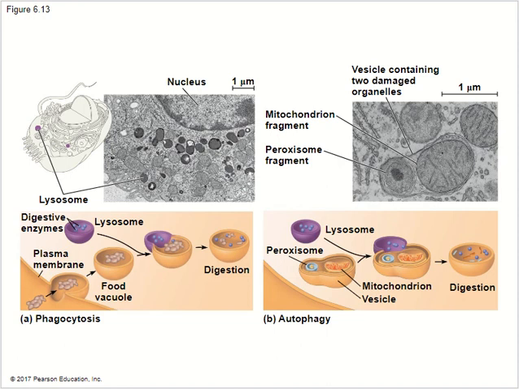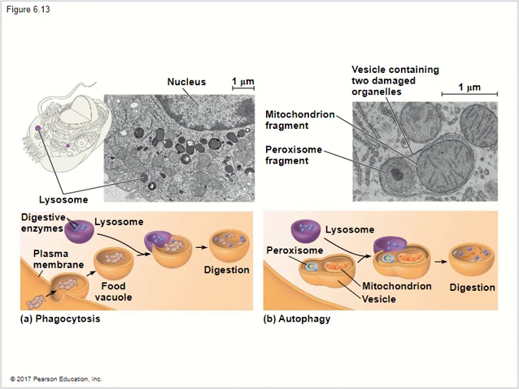Bottom left and right is essentially how, when food material gets close to the cell, a portion of its cell membrane can pinch off to form its own food vacuole, which can then fuse with the membrane of the lysosome, releasing the digestive enzymes in it, digesting the material of food, which can then be transported where necessary.